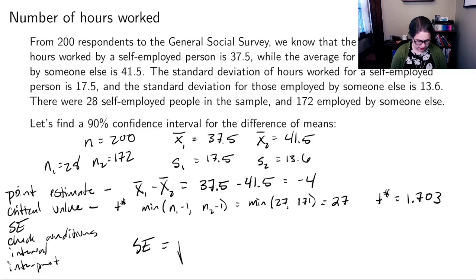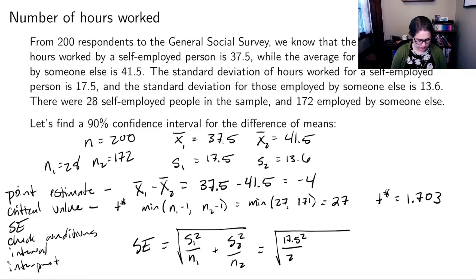So that's going to be the square root of s1 squared over n1 plus s2 squared over n2. I'm just going to plug in from what I have written above. So I've got the square root of 17.5 squared over 28 plus 13.6 squared over 172.